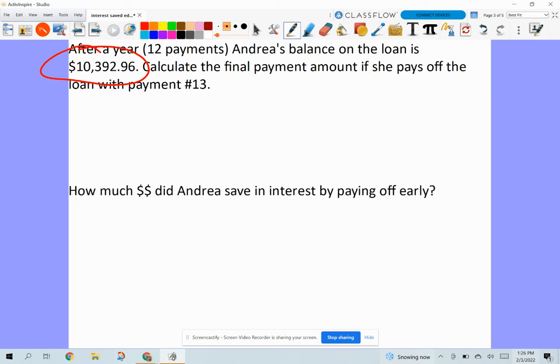So we're going to calculate the final payment that she's going to have to pay. So it's going to be $10,392 plus the interest. So 1 month of interest. So we're going to take her $10,392.96 times 8%, so 0.08.